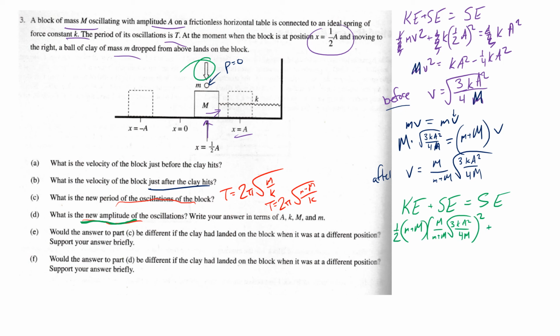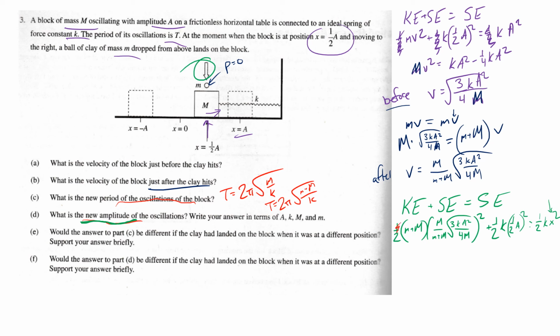Plus 1/2 kx squared. What's the displacement? The displacement is 1/2 of a, and that equals the spring energy. What's the spring energy going to be? Well, it's going to be 1/2 kx squared, and we're solving for that x. We want to know what the amplitude is, the maximum displacement.